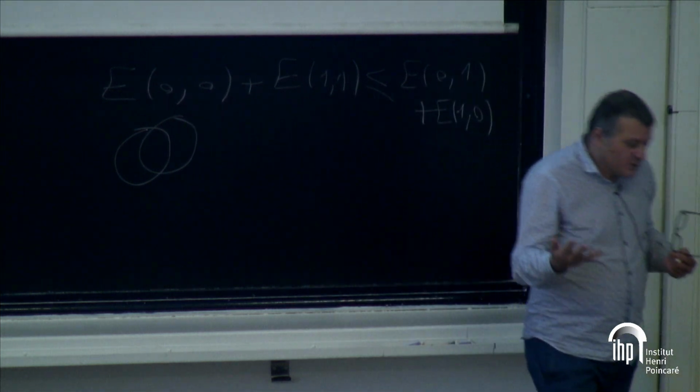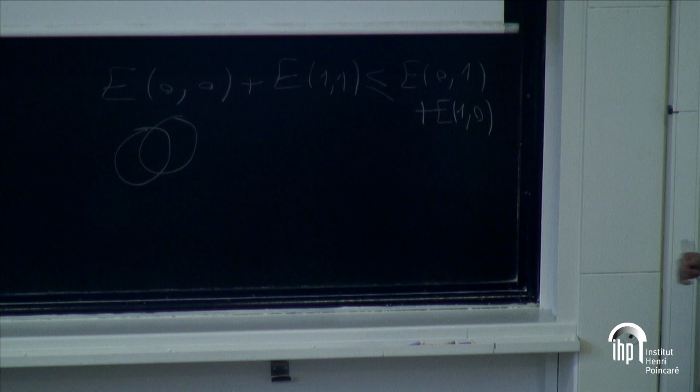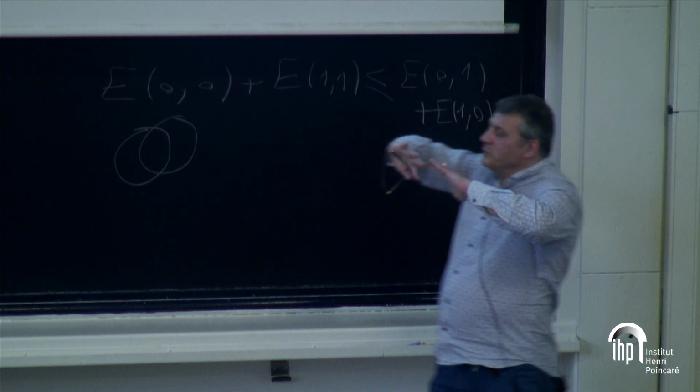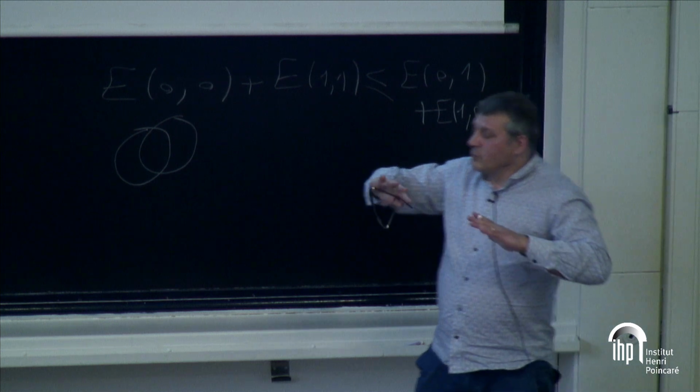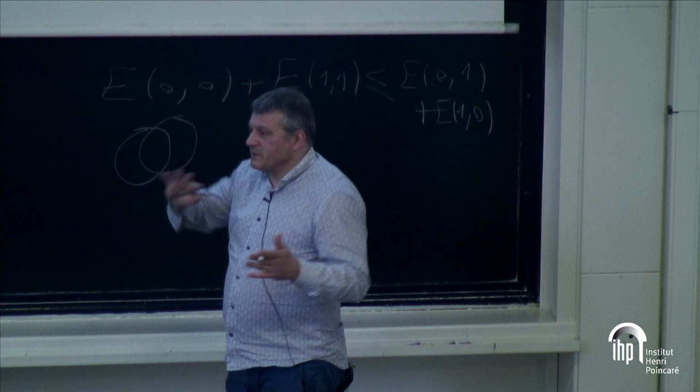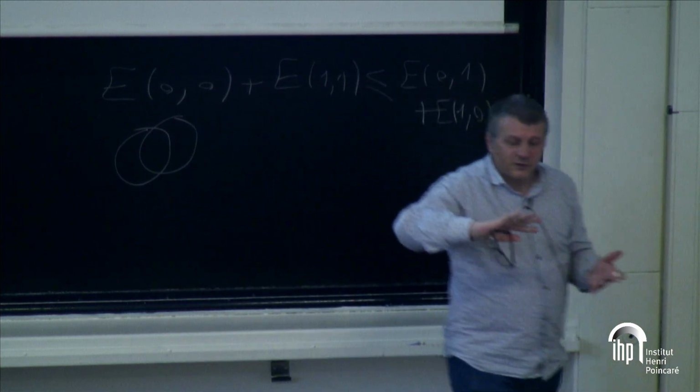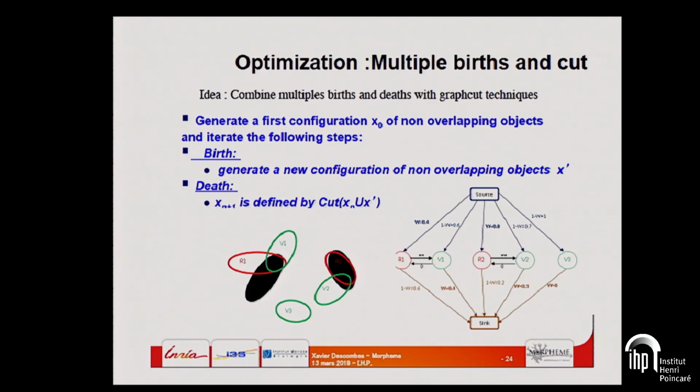In fact, there is a trick to avoid this: I will separate my configuration of objects in two parts. One part is the current configuration, and the second part is the new one. Here it's yellow, green, and red. For the red one, 1 means to survive, and for the green one, 0 means to survive.